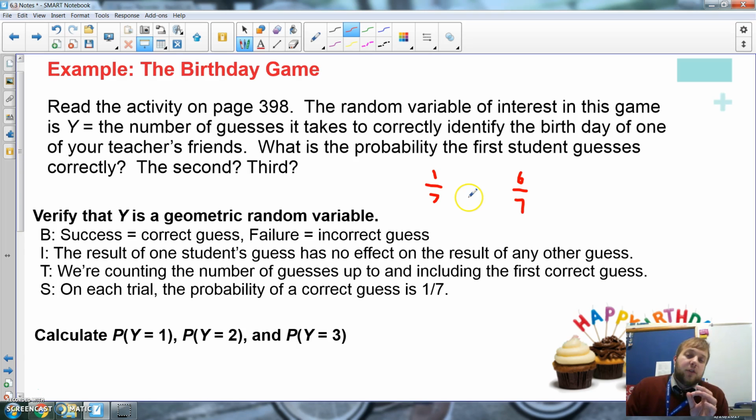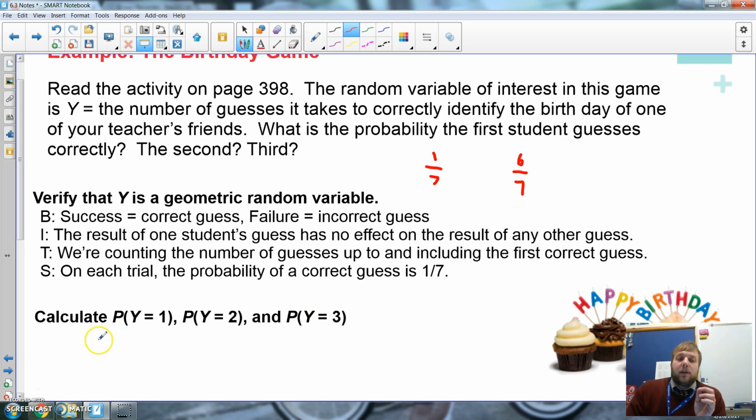All right. So what's the probability of getting it on the first try? Well, getting it on the first try is going to be 1/7, right? Would you agree? That's the probability. What about the probability of getting it on the second try? These formulas are really easy.